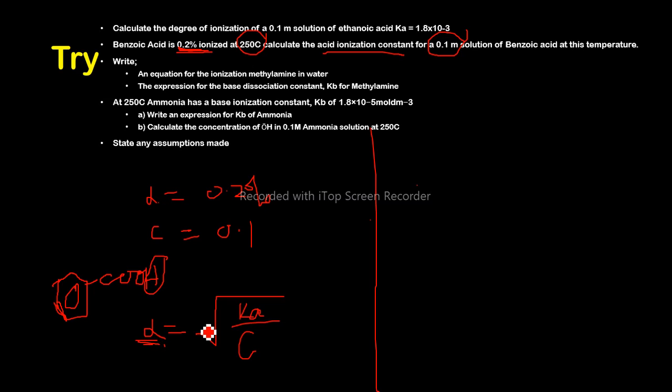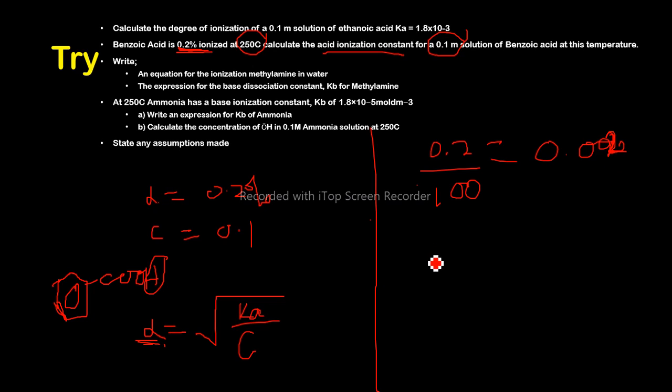So the alpha will just be 0.2 divided by 100, which is 0.002, with 2 zeros. This is our alpha that we shall use.